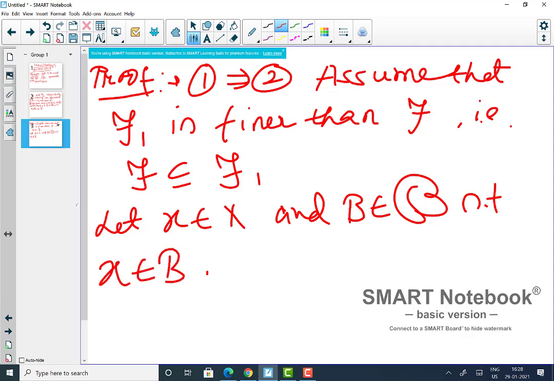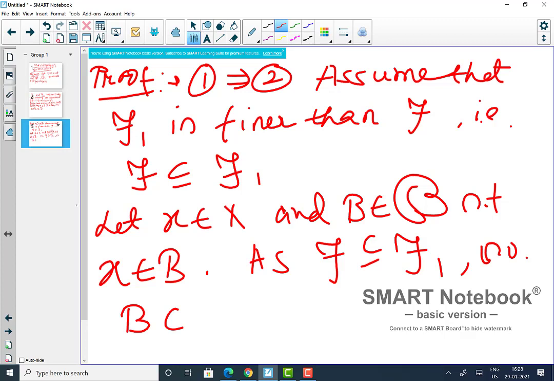Now as tau is a subset of tau1, we have that B is an element of tau1 also, right? Because B is a basis element, and every basis element is also open, so it is inside the topology tau.